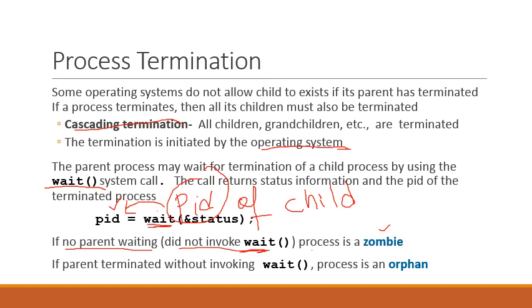Let me repeat again that a zombie process is a process that has terminated. And as we said, when a process terminates using the exit system call, it returns its status to the parent process. And if this status has not been received by the parent process, then this child process is known as a zombie process because its exit code has not been received by the parent.